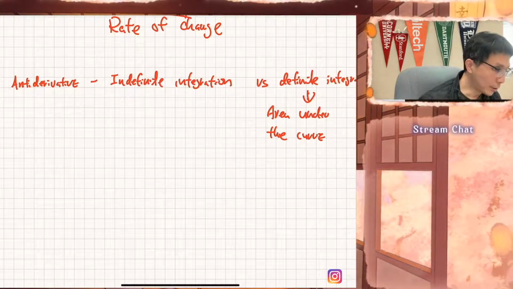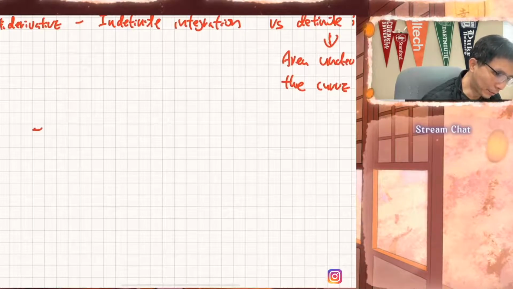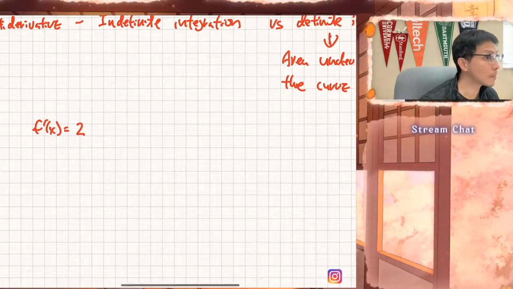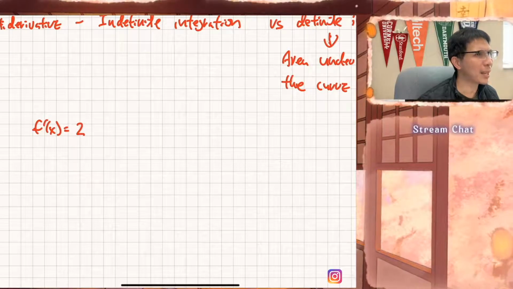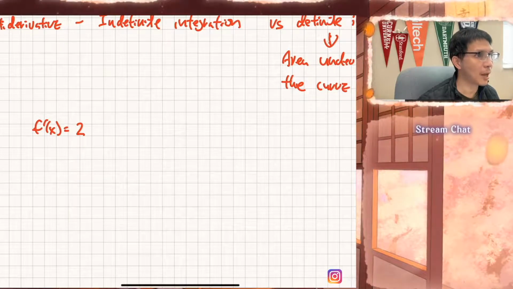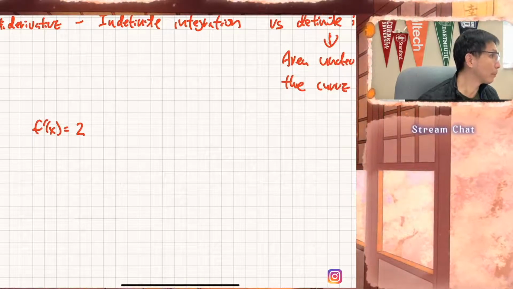Okay. So what if I told you that f prime of x is equal to 2? And we say, hey, can you find out f of x? Can you tell me what the f of x is? 2x. Why?